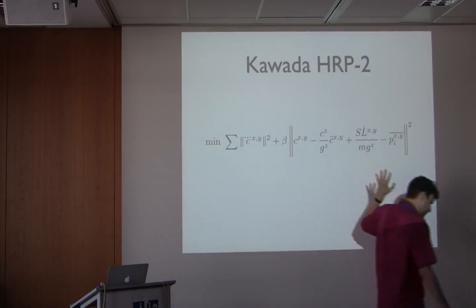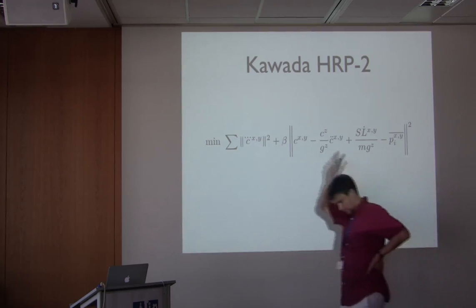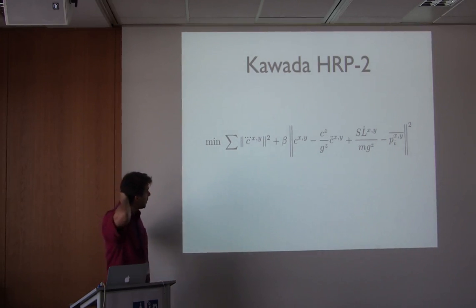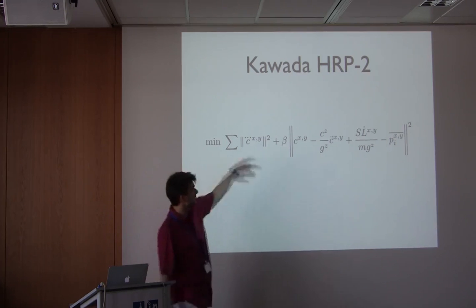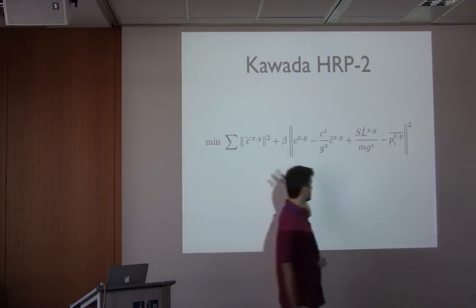Here you have one of the most influential papers. It was proposed by Kajita in 2003, 10 years ago. It was called preview control of the ZMP. What he says is, well, let's minimize this integral for two steps. Okay, so we have this finite horizon and we want to minimize this integral.